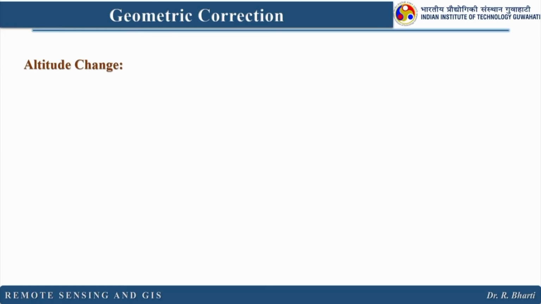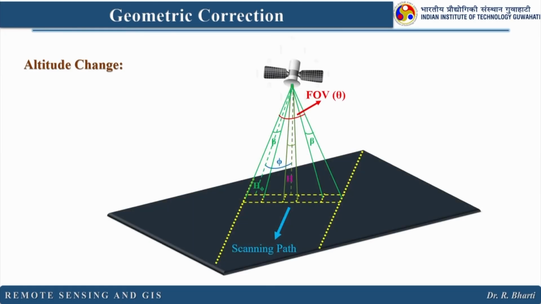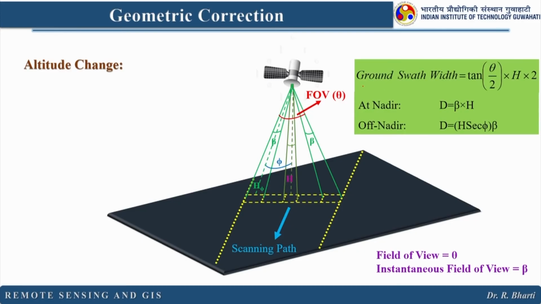Let us see altitude change. So, when we have altitude change, what will happen? There will be a change in the pixel size, because the ground swath width depends on theta and h. Theta is not going to change, does not matter whether your satellite is moving down or going up, right.